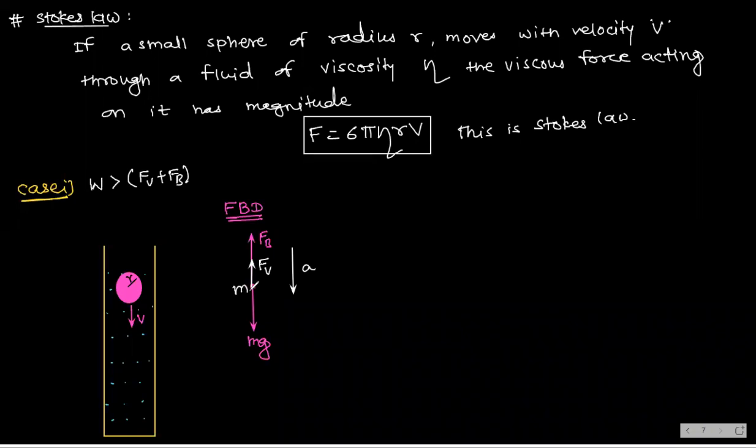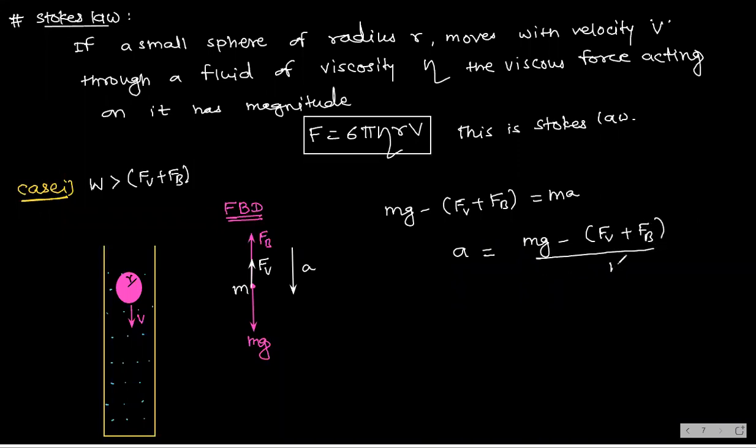Here m is the mass of the bob or sphere. From the free body diagram, mg minus (Fv plus Fb) is equal to ma. Check it once. So if I want the acceleration of this bob, a is equal to mg minus (Fv plus Fb) divided by m.